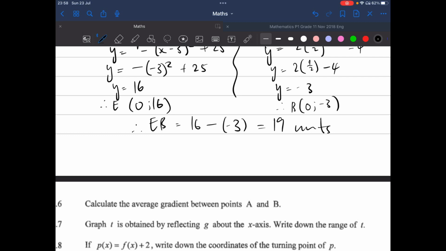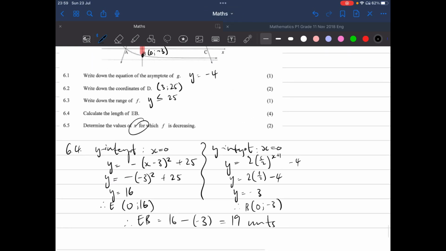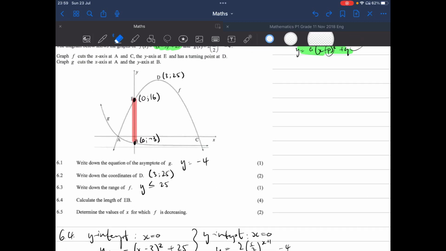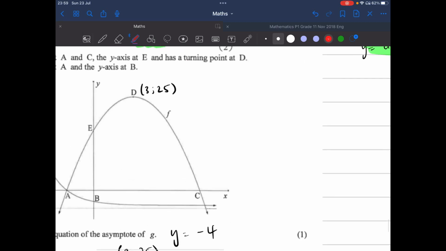Okay, cool. Let's look at 6.5 now. Determine the values of x for which f is decreasing. If you look at f, that's our parabola. If we look at our parabola, it can basically be in 3 states: it's either increasing, decreasing, or stationary.